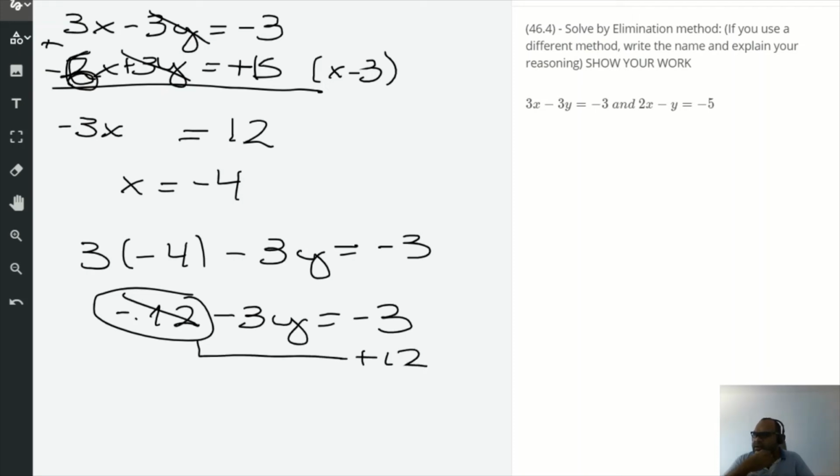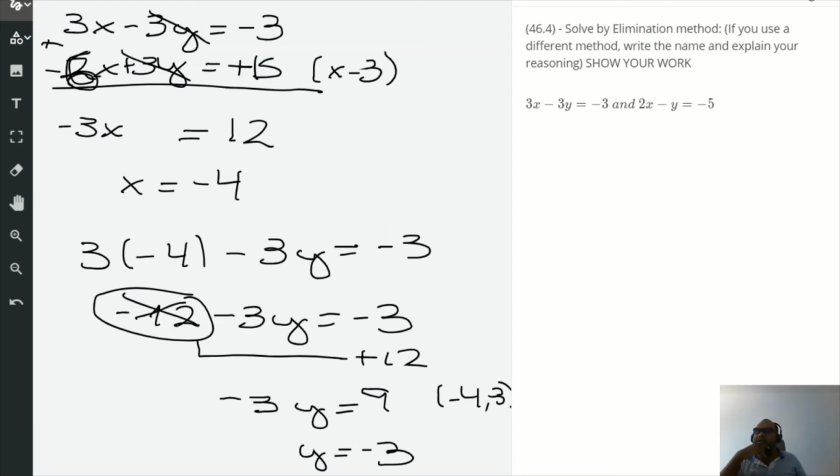And here, don't have any more. Negative 3y equals negative 3 plus 12, it is 9. How many times does negative 3 go into 9? It goes negative 3 times. Nice. Negative 3. And here's my ordered pair: negative 4 and negative 3.